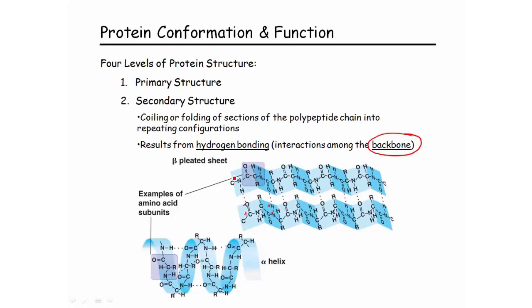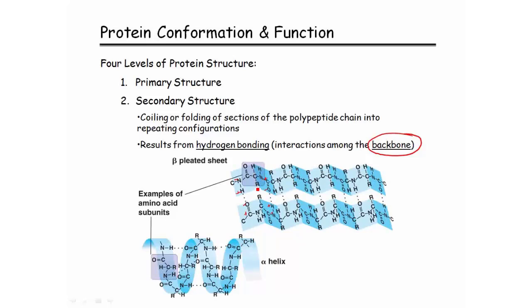And if we go on the other side and label a little bit, we can see that if we fold back, there will be many examples or areas where we can get some hydrogen bonding take place. So the dotted lines in this slide represent hydrogen bonds that have formed, and it is hydrogen bonds that will hold together the secondary structure.